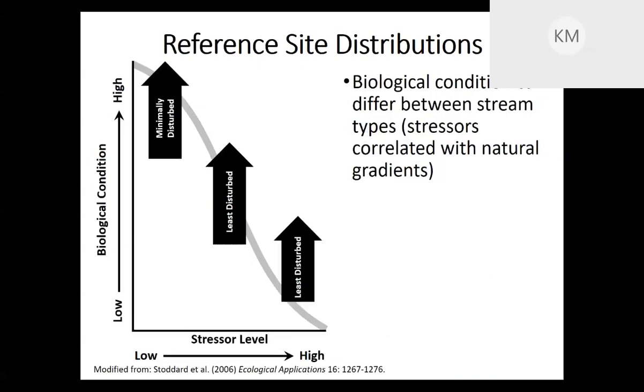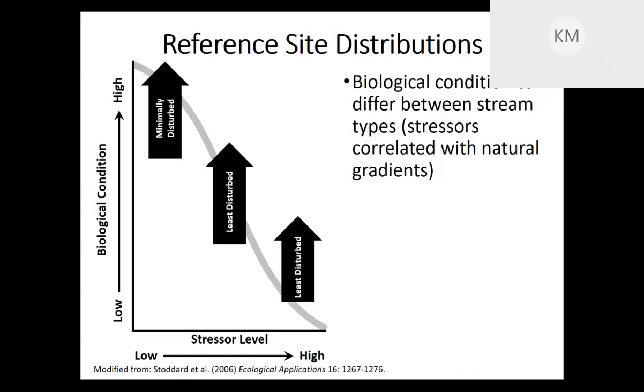Another issue is when you look across the state, do those different reference populations mean something different? In the north, we're pretty confident that those are minimally disturbed reference sites. When you look at those sites, they are pretty high quality. There's not a lot of human activity.